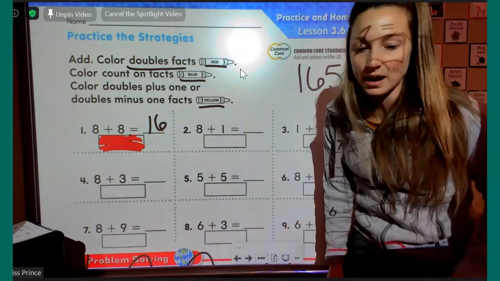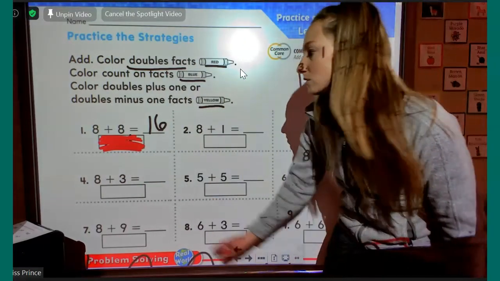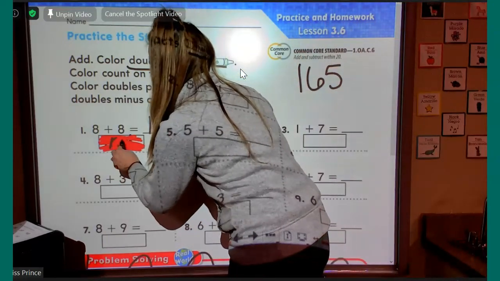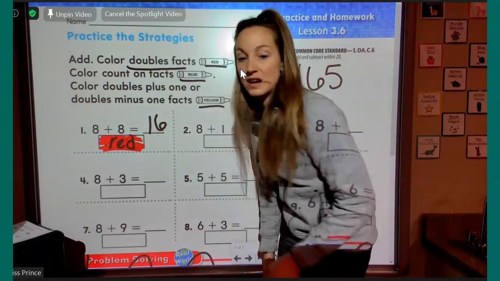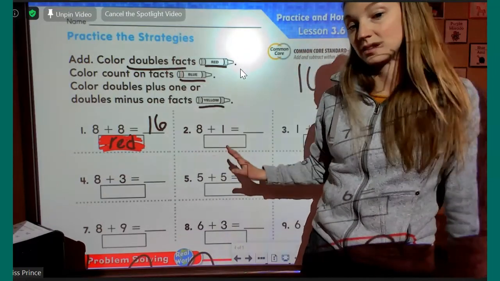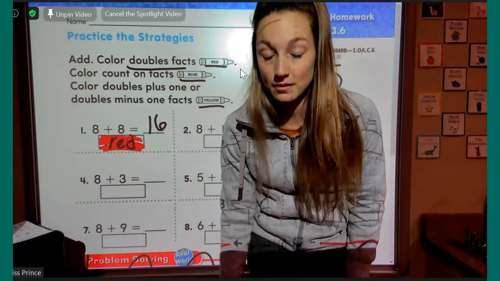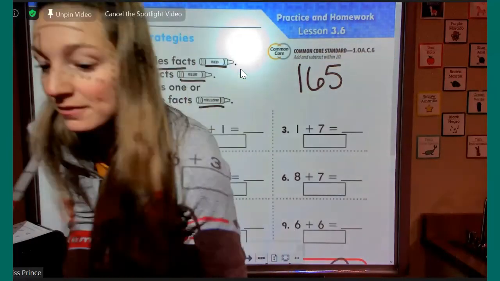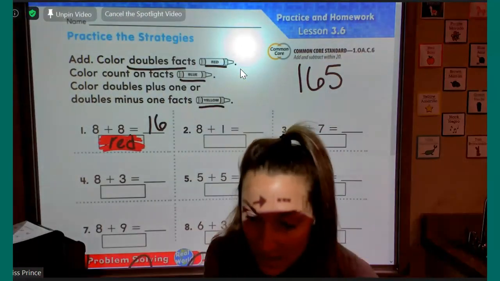You would just color that box. But you don't have to. You can just write the word red. So it's completely up to you. It all matters on how much time you have to work on this and if you feel like coloring them or not. Okay? I'm looking at the clock. It is 8:45, so that means that we are all done for today.